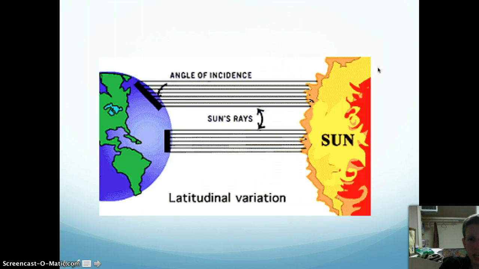So because of the shape of the Earth, the equator is hit first with solar radiation, and therefore that area is heated quicker or more than the surrounding parts of the Earth.